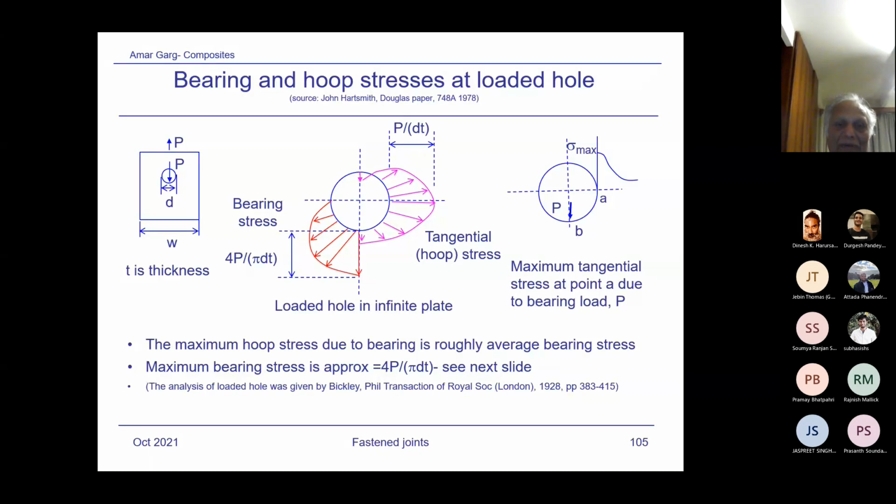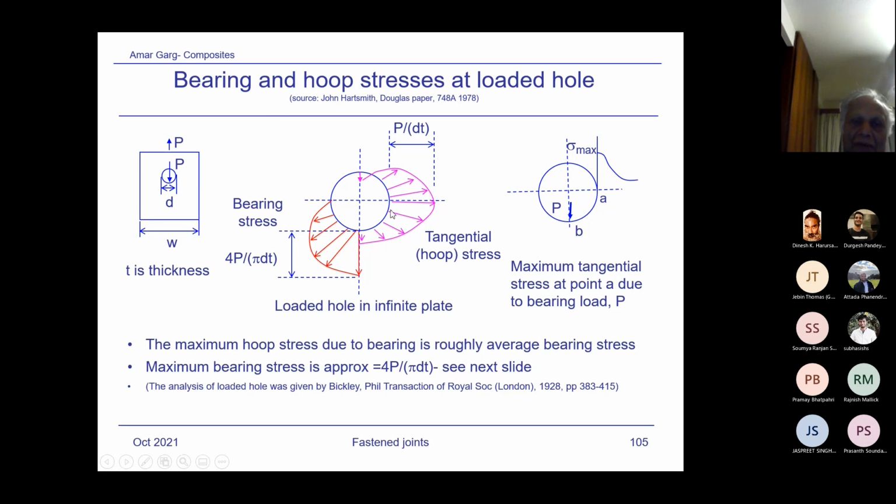Bearing and bypass stresses. Just trying to show a simplified analysis method. Now, the bearing stress distribution and bypass stress distribution here. Suppose you are applying the load over here and this is P, so due to this, the load has to go through this corner.